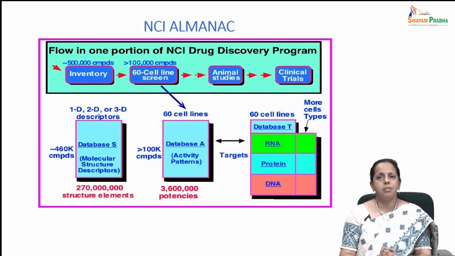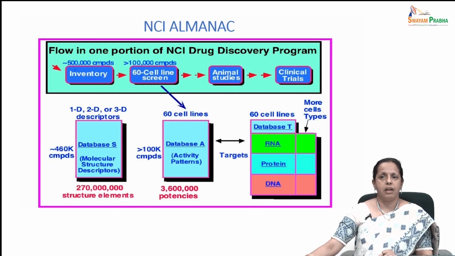So, this is a systematic overview of the information-intensive approach of cancer pharmacogenomics and pharmacoproteomics based on the NCI 60 cancer cell lines. Each row of the activity database, A, represents the pattern of activity of a particular compound across the 60 cell lines.